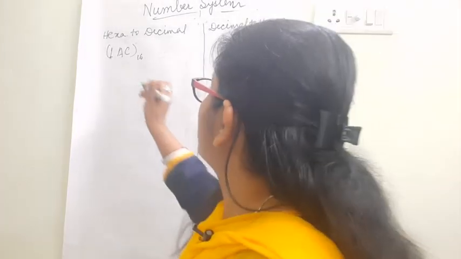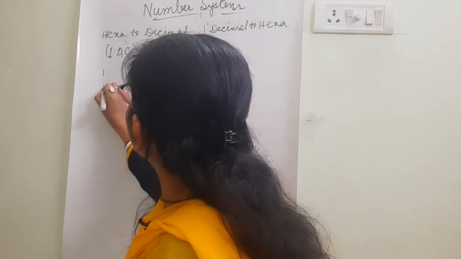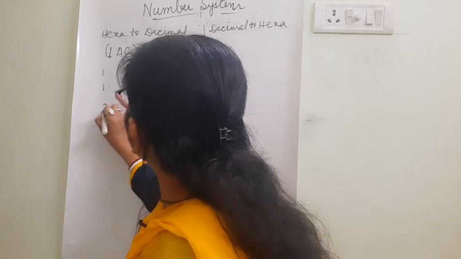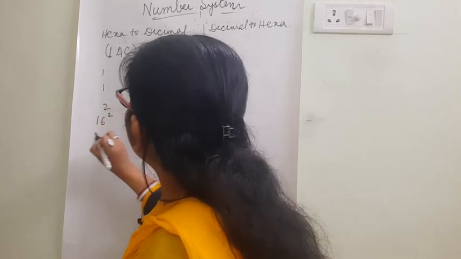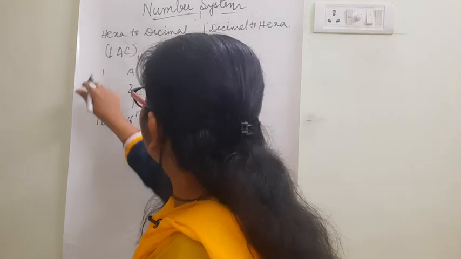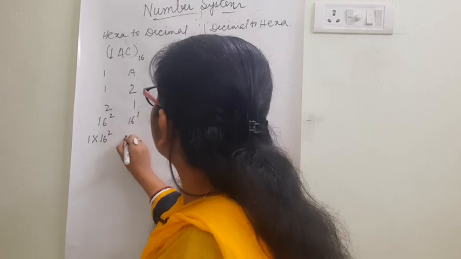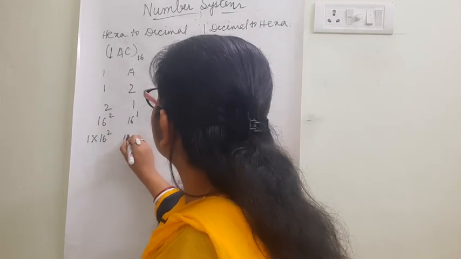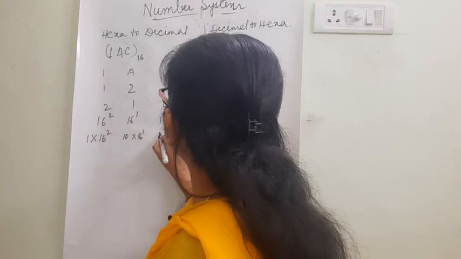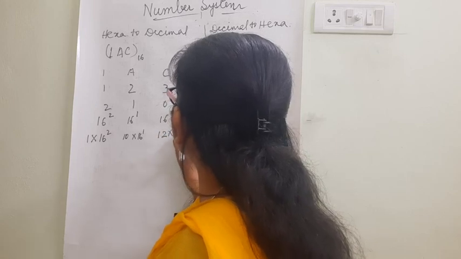Now we will break it. 1AC: position 1, 2, 3, weight 0, 1, 2. 16 to the power 2, 16 to the power 1, 16 to the power 0. 1 into 16 to the power 2, A value is 10 into 16 to the power 1, C value is 12 into 16 to the power 0.